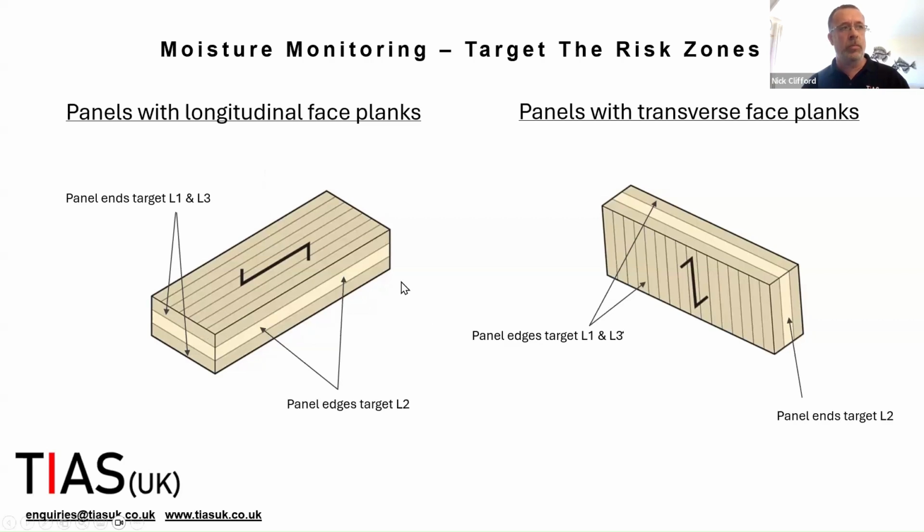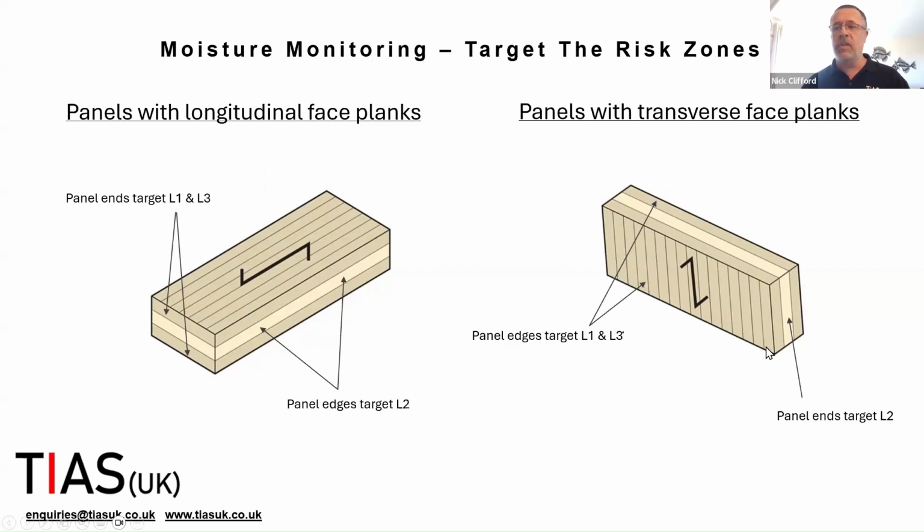And sometimes a third one as well. There's usually 5 or 7 lamella, but this is for the sake of illustration. Very often on your wall panels, you get transverse face planks, right? So I don't really need to be taking very deep readings on this particular panel.